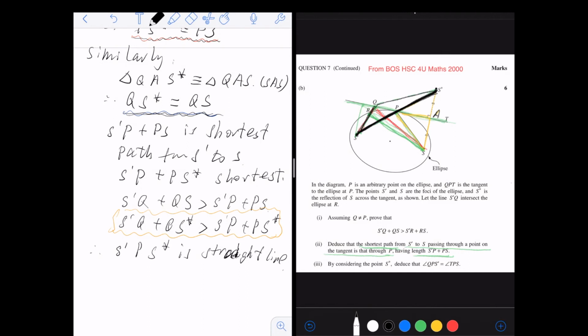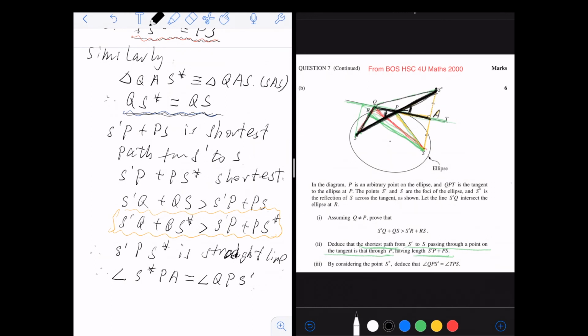So then we can say, therefore, angle S star PA is equal to angle QPS apostrophe. Why? Since this is a straight line here, and we know this is also a straight line, this angle of course equals that angle. They're vertically opposite angles. So we used question 1 and question 2 to prove this straight line, which gives us vertically opposite angles.